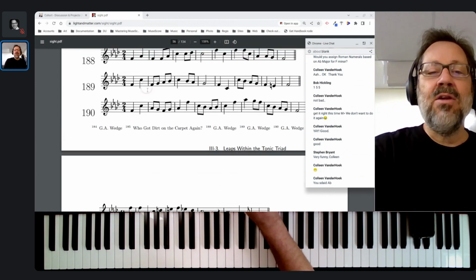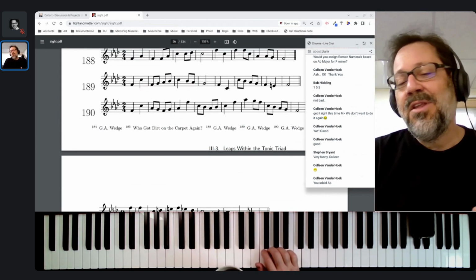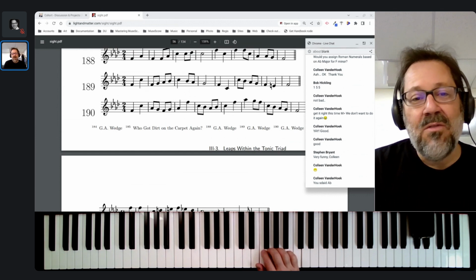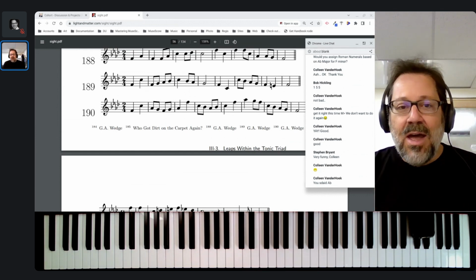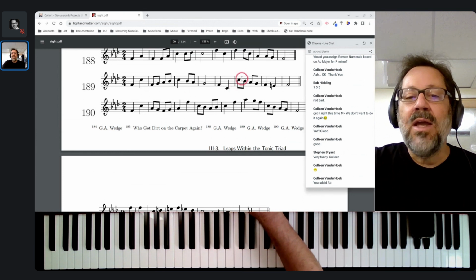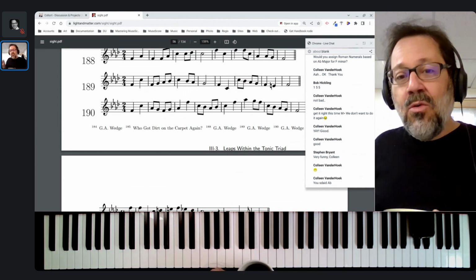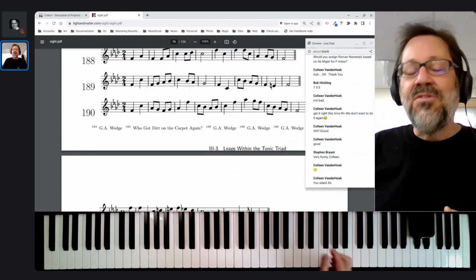Like this pattern here, 1, 2, 3, 4, 5, that's not 5 things to memorize. That's one thing to memorize, right? 1, 2, 3, 4, 5. The only thing you had to know is where that thing started. That's how I screwed up this second one right here, is I went to the wrong place. I didn't start it in the right place. All I have to know is where that pattern starts, and then I'm not going to mess it up.